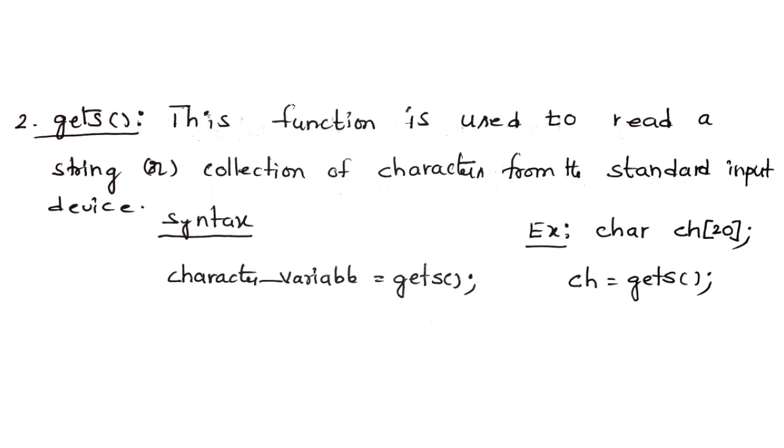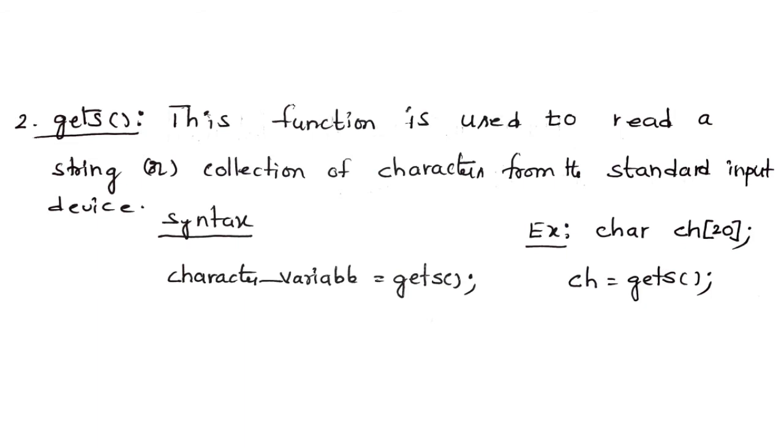Now go to the syntax. Character variable is equal to gets. For example, we have to declare a variable under character data type. In the square brackets, I have written here 20, means this variable is able to read 20 characters.